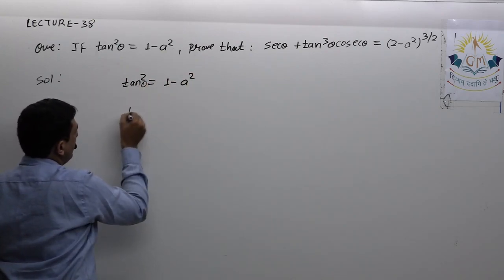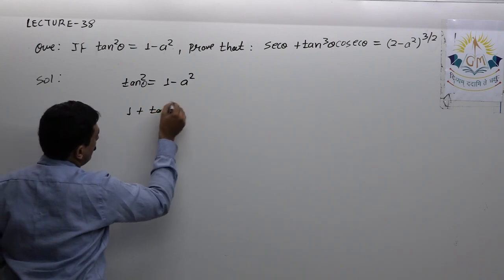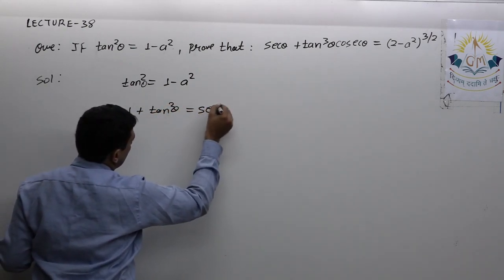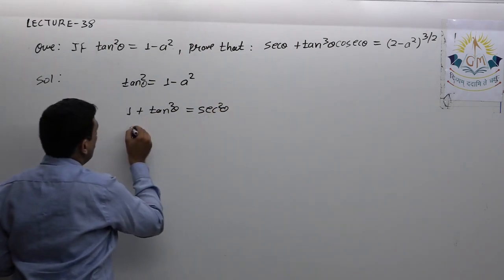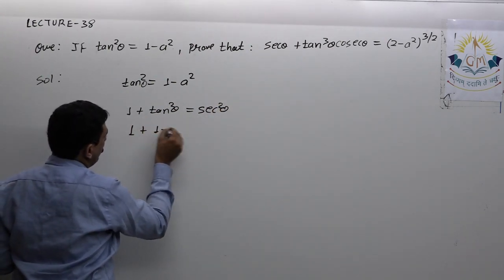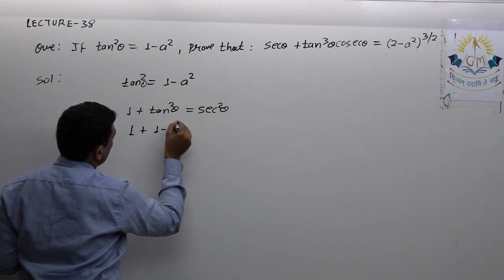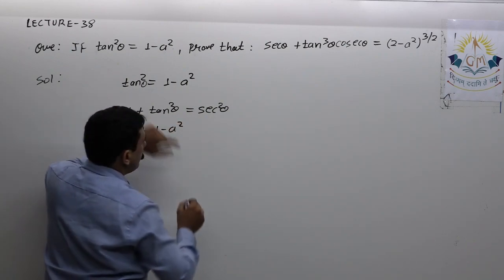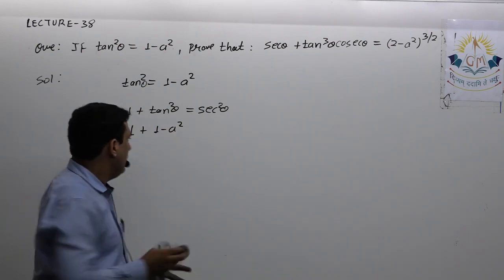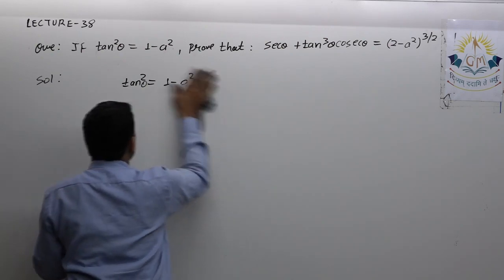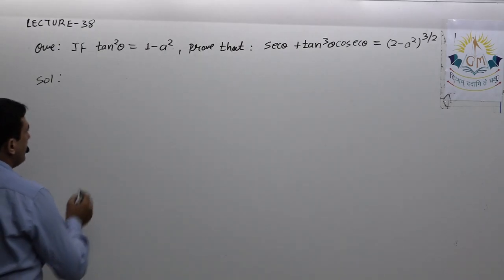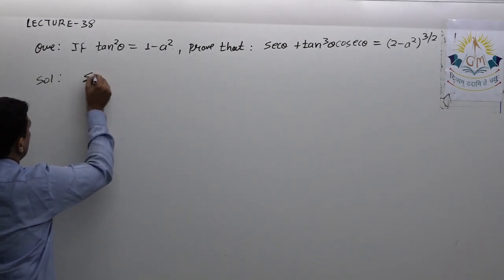We know that 1 plus tan square theta is equal to sec square theta. So at the place of tan square theta, if I put 1 minus a square, I will get the value of sec theta. In that way, if you solve, definitely you will get the answer, but it may take some extra time. So here we will see a little bit easier method.